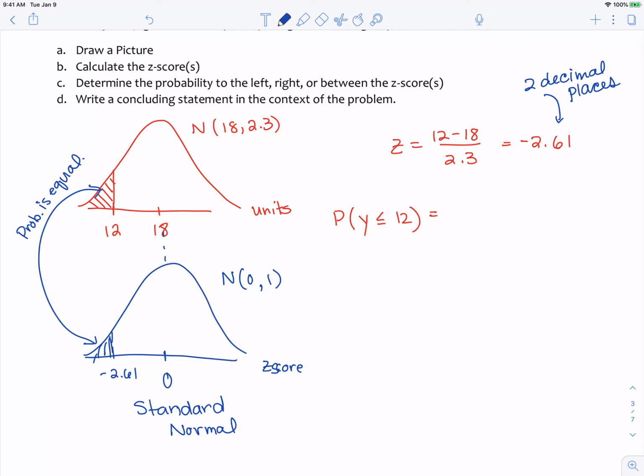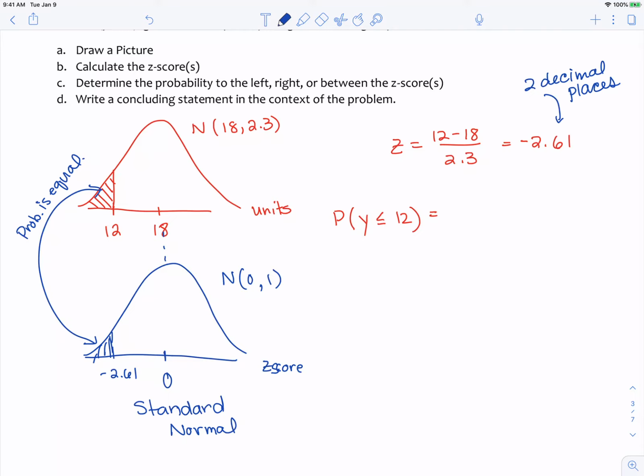So it was really, really handy. And that's still used often enough that in an educational setting, it's important for you to see that connection. We're also using z-scores for our probability because it helps us have an approximation in mind ahead of time. I know that 12 is a z-score of negative 2.61, more than 2 standard deviations away.